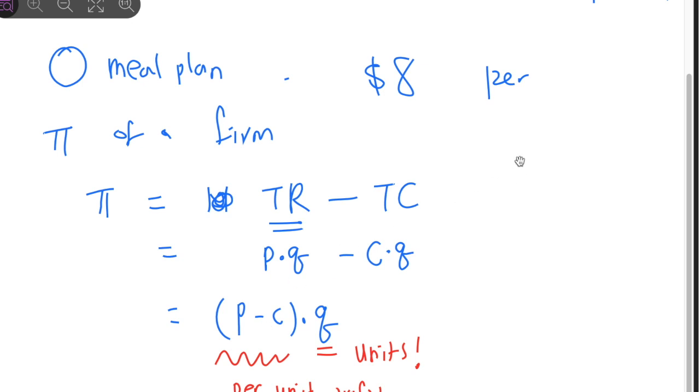And in here, we have the price. First, let's assume the cost is $4 per meal equivalent. Then what is the profit for individual selling, let's say case 1?